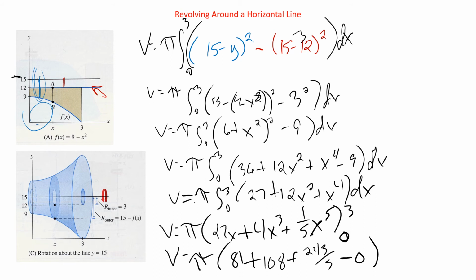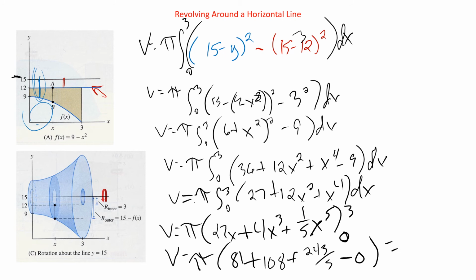So now we just have to combine our like terms so we can make each of these into fifths, which is what I would do. You could also turn the 243 fifths into a mixed number, since these two are whole numbers, and add them together. I like improper fractions, so I'm going to turn them all into fifths and combine them.